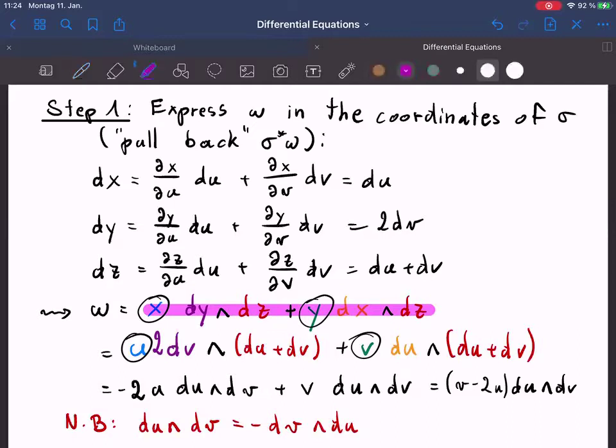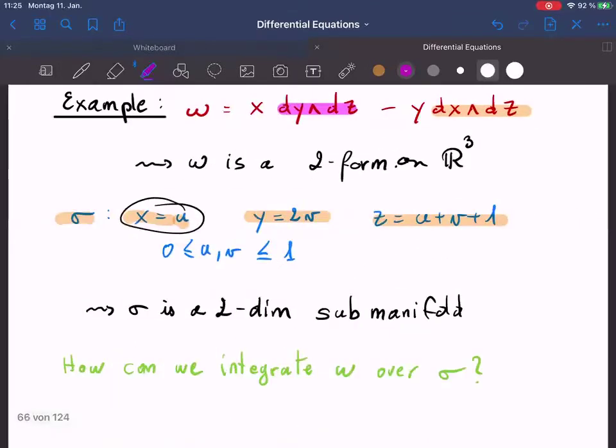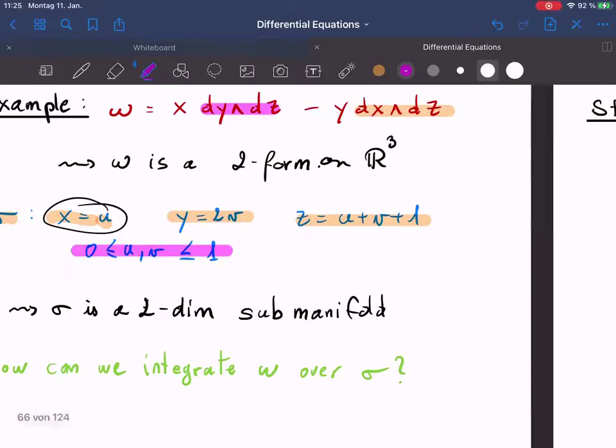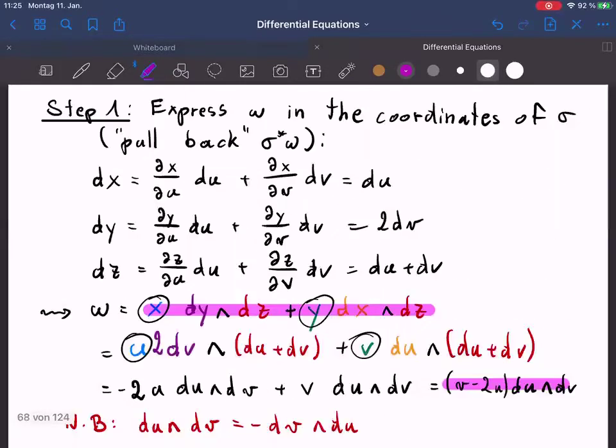If you go through the algebra, you end up with something that depends on u and v and the differentials du dv. That is something I can now naturally integrate over this region, where u and v lie between 0 and 1.